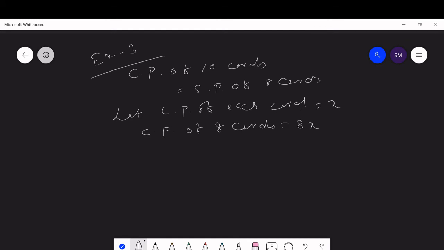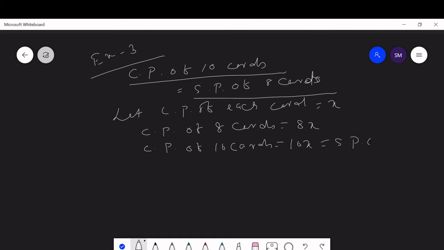But according to the question, SP of 8 cards is equal to CP of 10 cards. This means CP of 10 cards is equal to 10x, which is equal to SP of 8 cards.